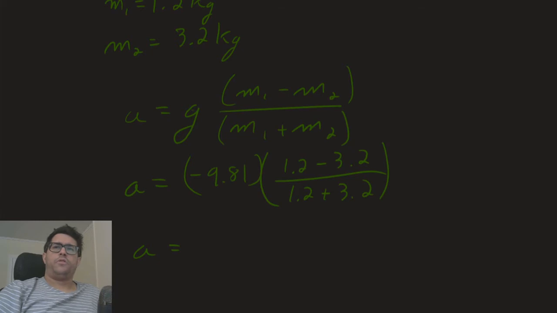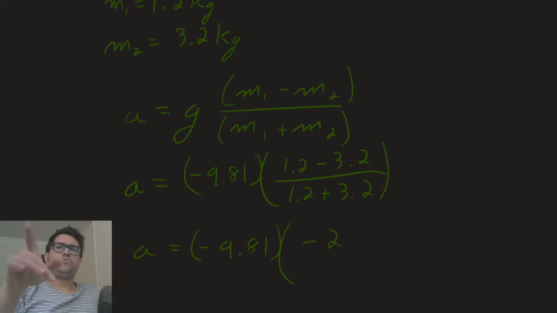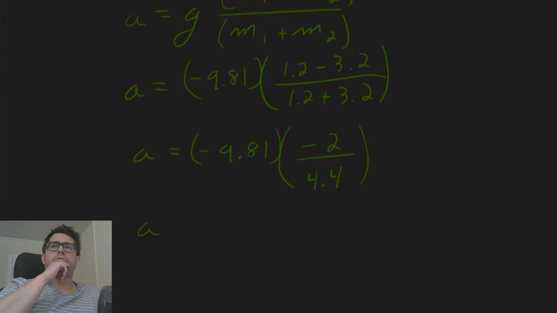So the first part is minus 9.81. I'm just doing this first here to show you a few things. So this is 2 minus 2, and this is 4.4, which can actually be written as 1 and 2.2, right? We're just simplifying.